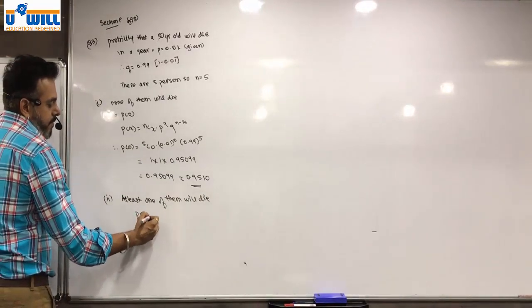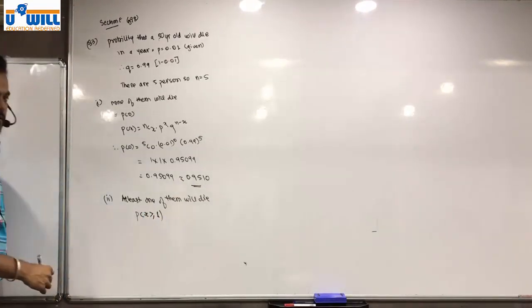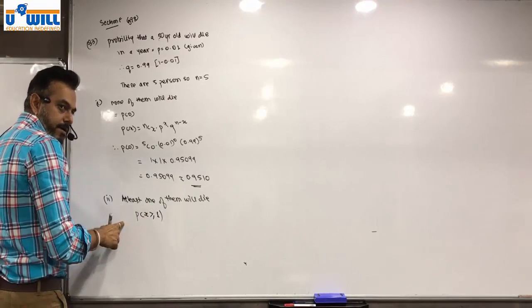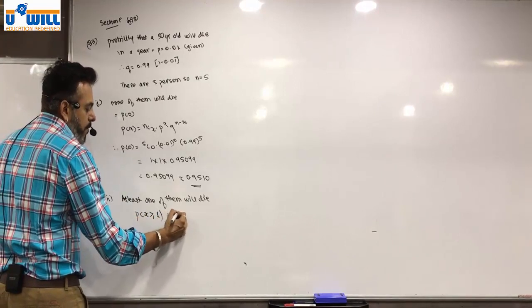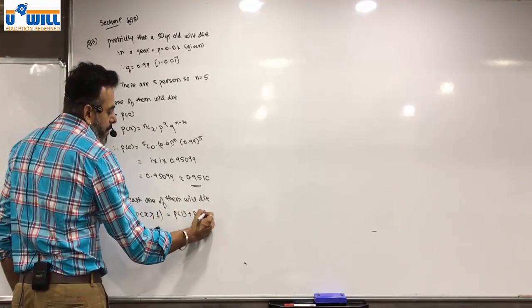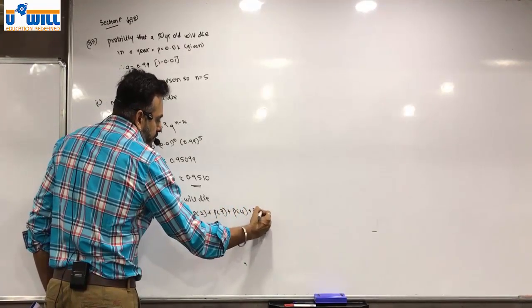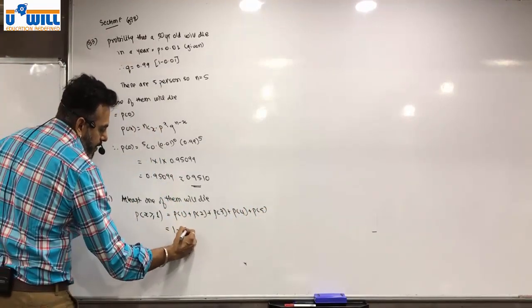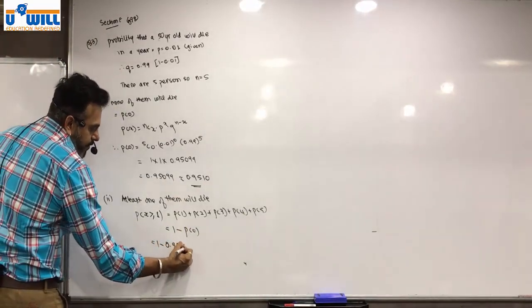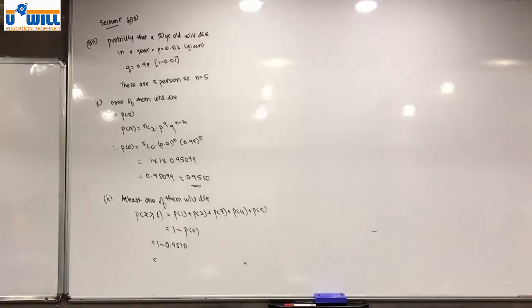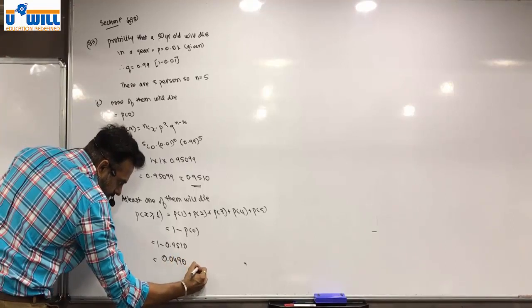Probability of X minimum, कम से कम, more than equal to 1. कम से कम एक या एक से ज्यादा, so more than equal to 1, which is equal to probability of 1 plus probability of 2 plus probability of 3 plus probability of 4 plus probability of 5, which is equal to 1 minus probability of 0, which is equal to 1 minus 0.9510, which is equal to 0.0490. Answer.